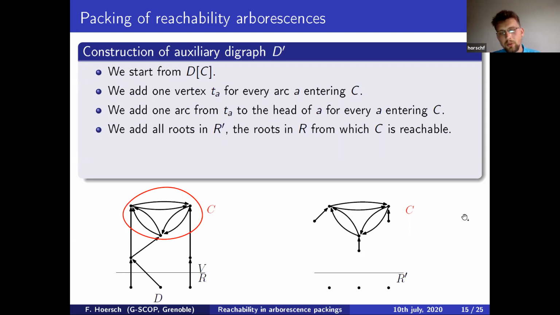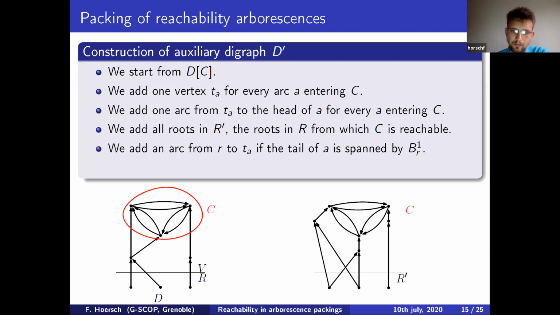Now, when can I use an entering arc for a certain arborescence? Well, the decisive point is if the tail of that arc here is spanned by the arborescence. Or in other words, because I have reachability arborescences, if the tail of the arc is reachable from the corresponding root. And therefore I will make the arcs in that way.